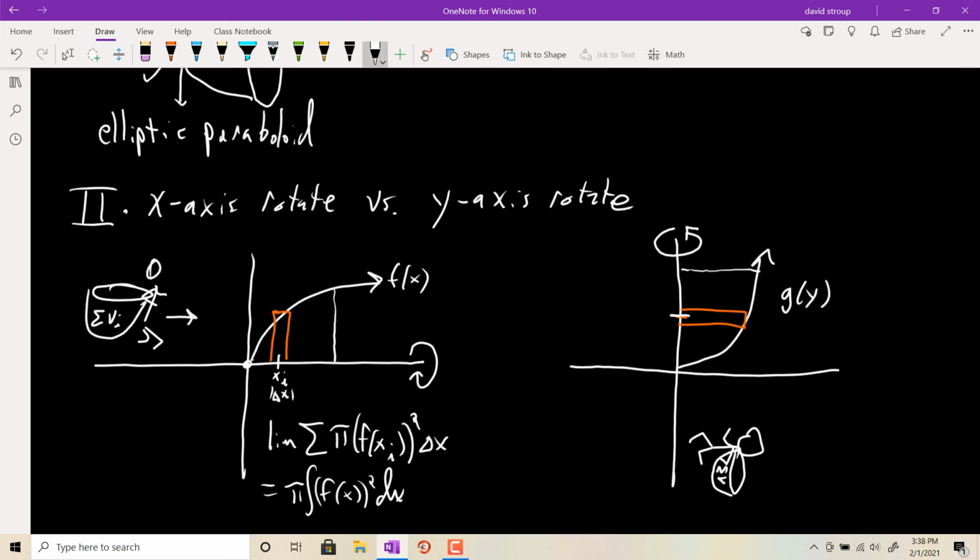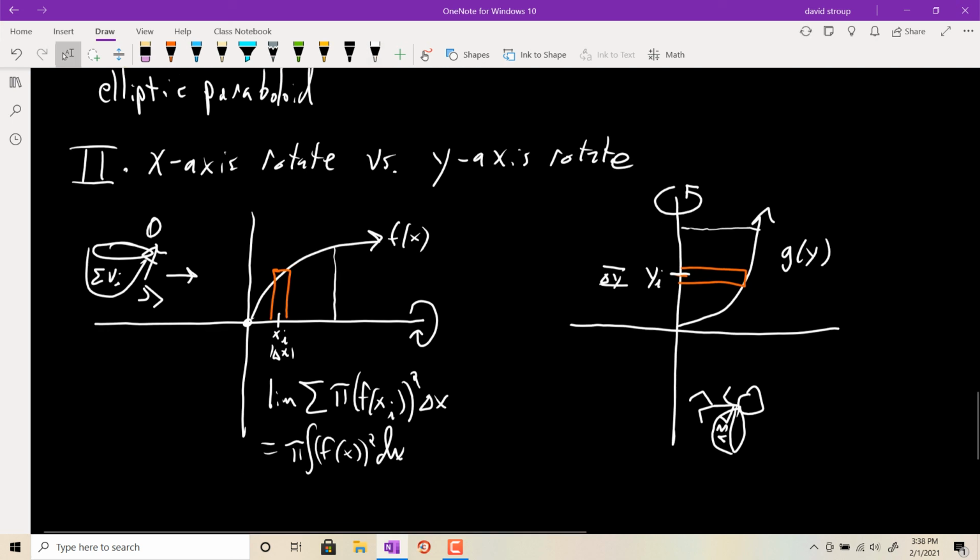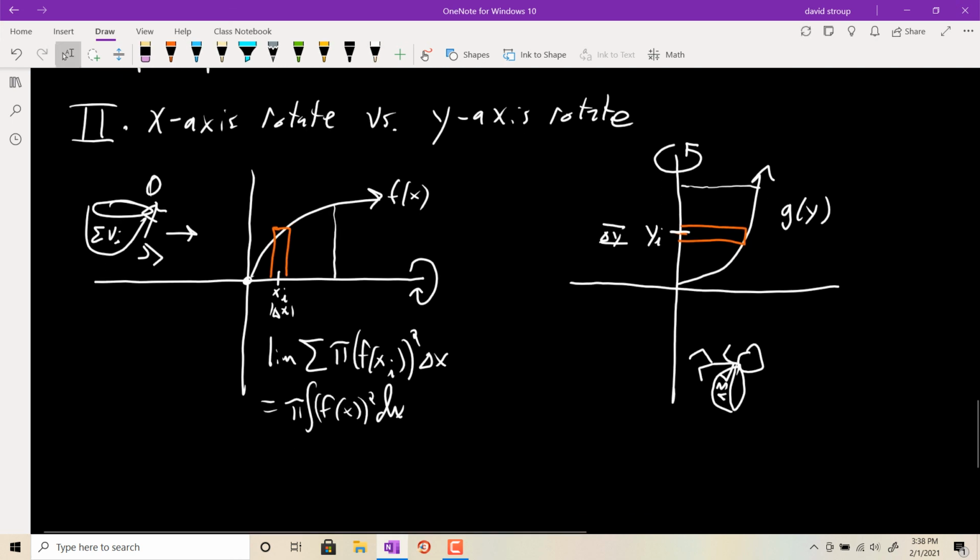So here, instead of x sub i, we'll have y sub i, and then you'll have your change in y, and the formula for the integral will be the limit of the sum of these v sub i's, which in this case will be pi times g of y sub i squared times change in y. And then if you do that limit, you'll end up with your new integral, pi times the integral of g of y squared dy.